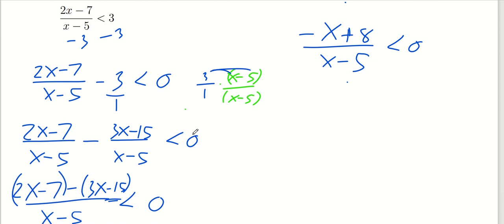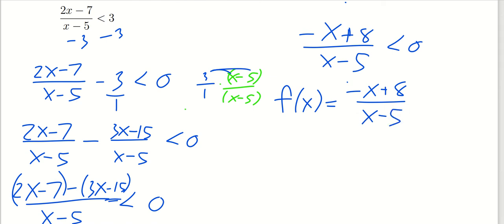So we now have one side to be 0, so we can set f of x equal to the rational function, negative x plus 8 divided by x minus 5.